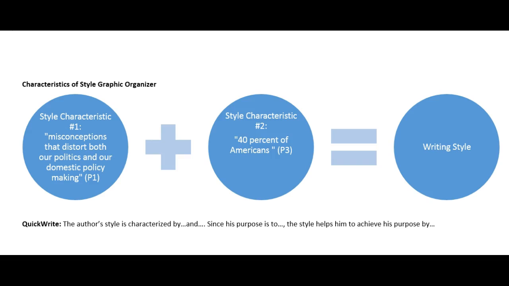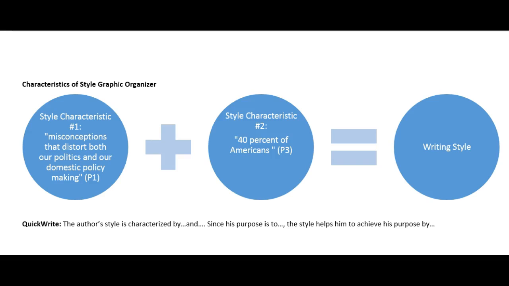But when you're working with informational text, for the most part, within reason, you're going to be looking at personal, impersonal, expository, persuasive, and descriptive. You can identify style characteristics by looking at the following: word choice, use of factual information, embedded opinions, description, complex or simple sentences, etc.